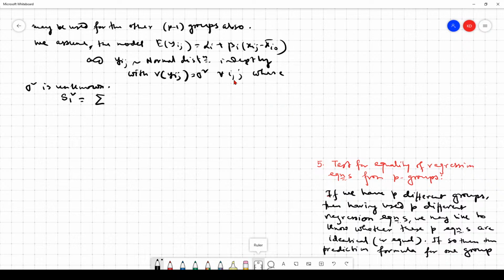This is 5, just the previous one. So this will be capital Ci, Bi cap, small bi, capital Bi. I already defined this term, Ci, capital Bi. And the degrees of freedom is equal to sum over i of Ni minus 2, that is n minus 2.